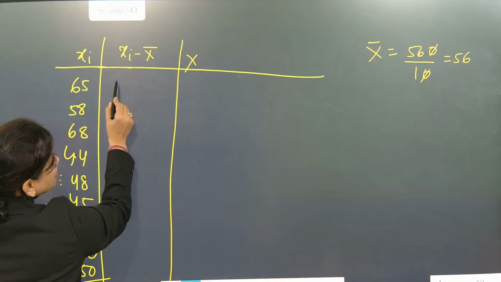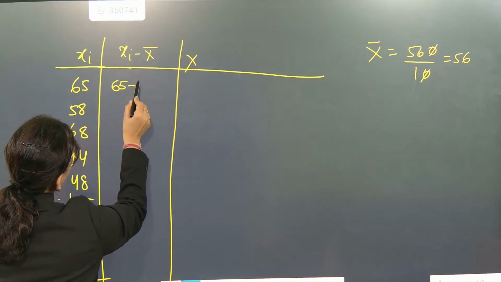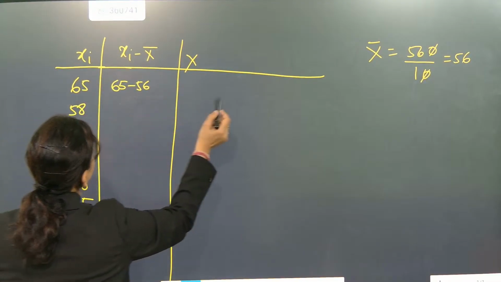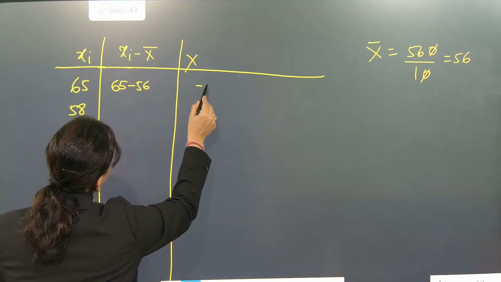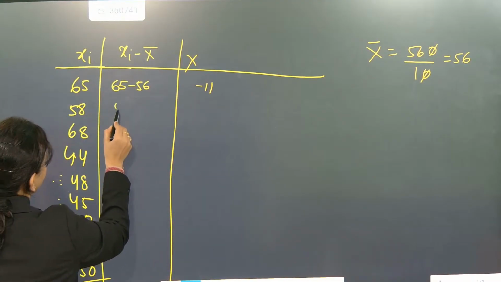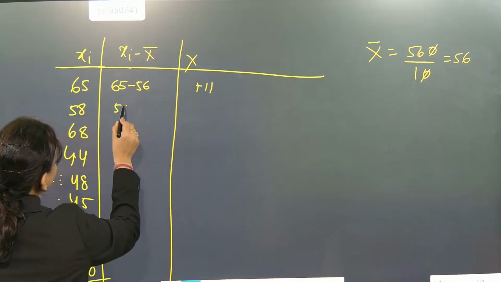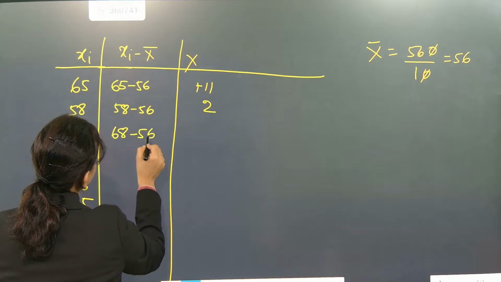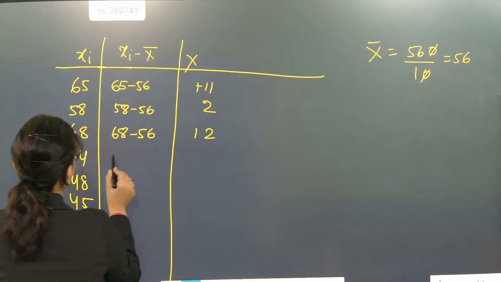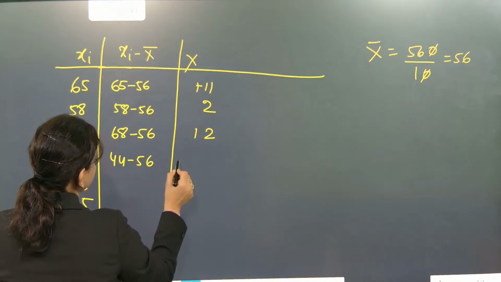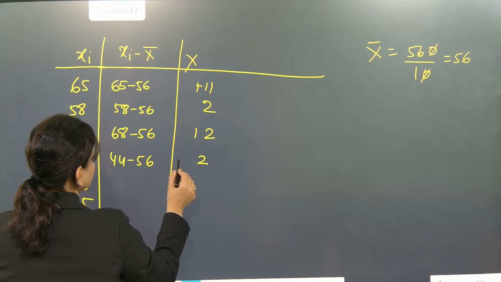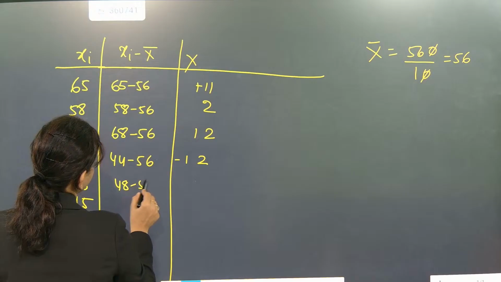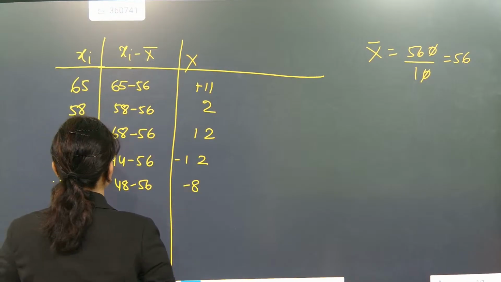So here 65 minus 56 is 9, 11 coming, minus 11. 58 minus 56 is 2. 68 minus 56 is 12. 44 minus 56 is minus 12. 48 minus 56 is minus 8.